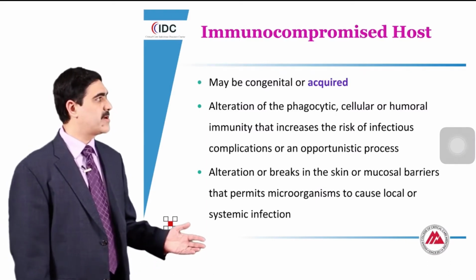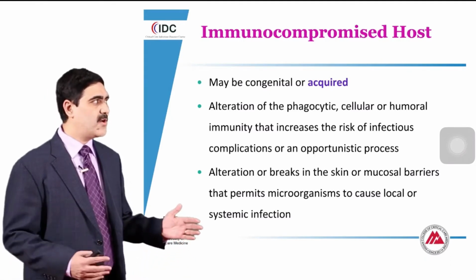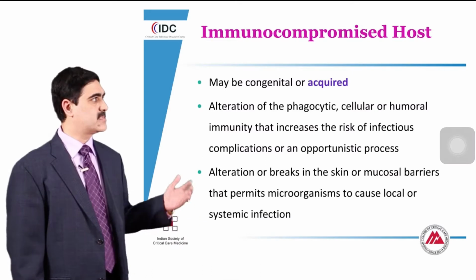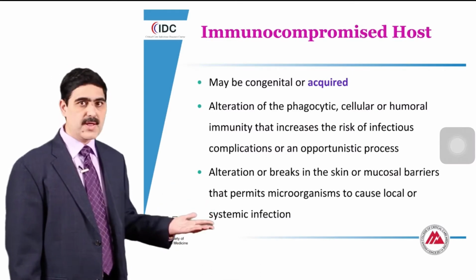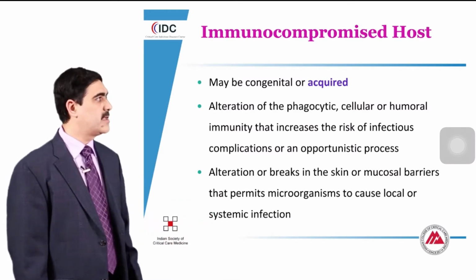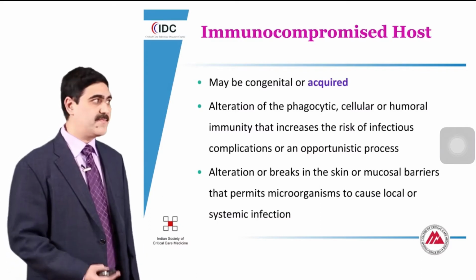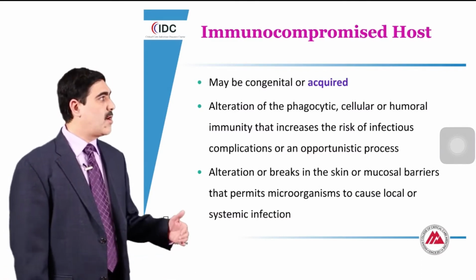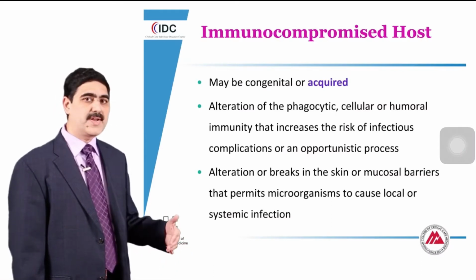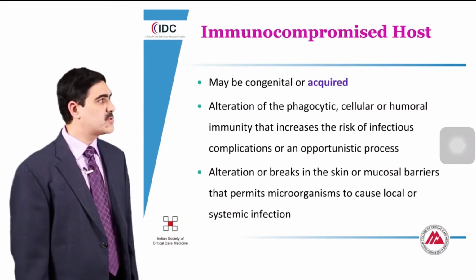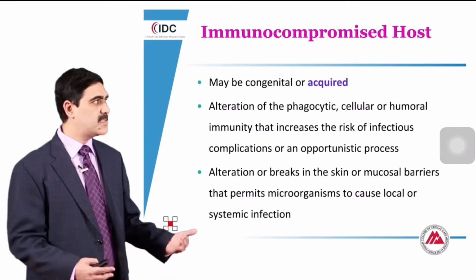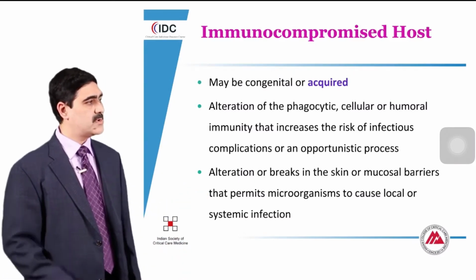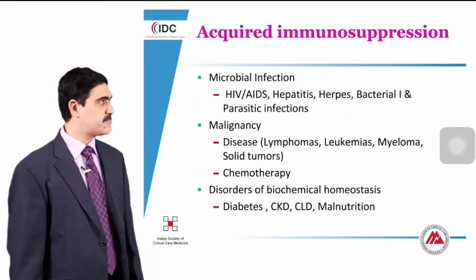One, it could be from alterations in any of the factors that assist with immunity, whether it is the phagocytic component, cellular immunity or humoral immunity, which can increase the risk of infectious complications in these patients, or it could be an alteration in the skin or mucosal barriers that may permit the microorganisms and lead to either a local infection or a systemic infection.